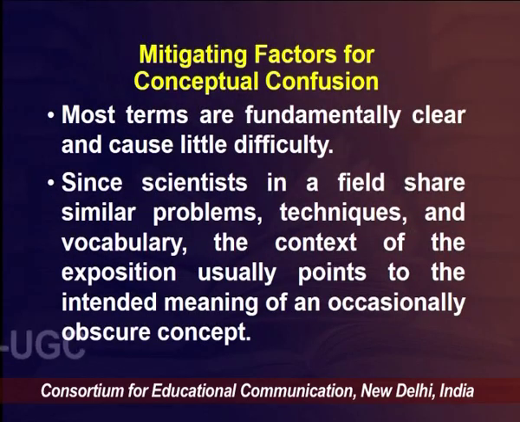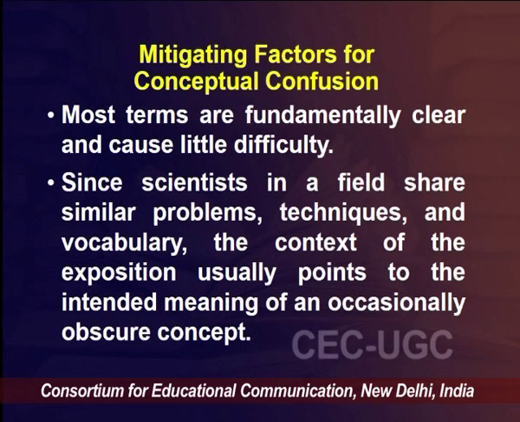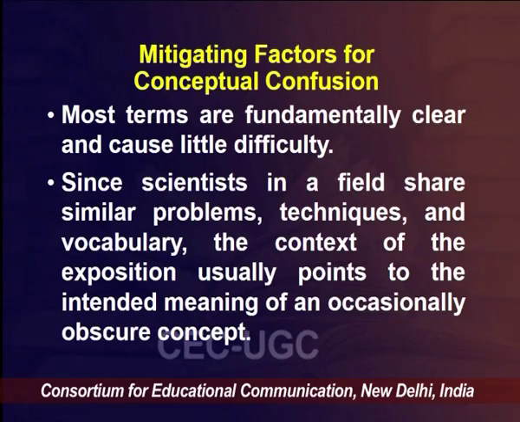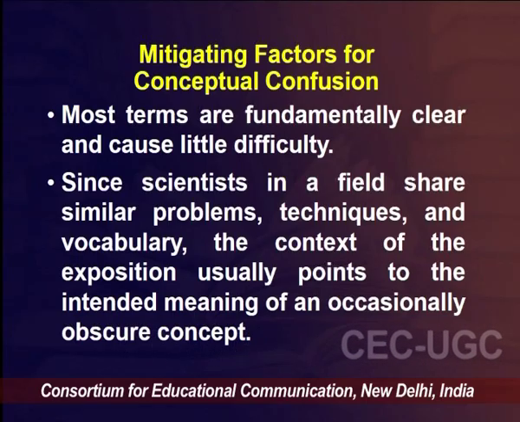So, we need to understand why there is conceptual confusion, and as part of the research, it is important to reduce the conceptual confusion. So, how do we overcome the conceptual confusion and arrive at more clear and precise concepts? Now, since scientists in the field share similar problems, techniques and vocabulary, the context of exposition usually points to the intended meaning of an occasionally obscure concept.